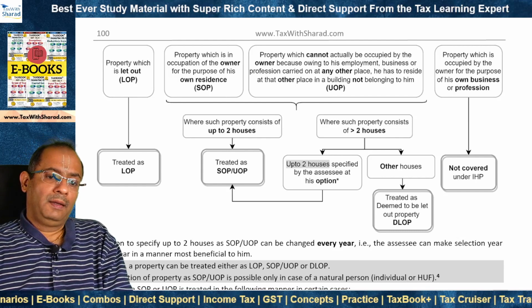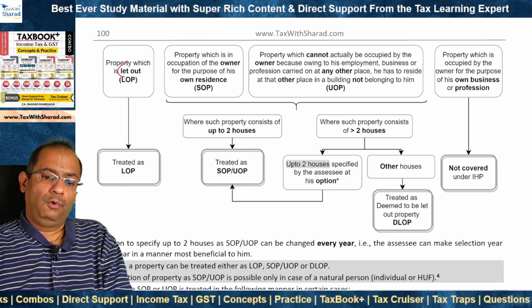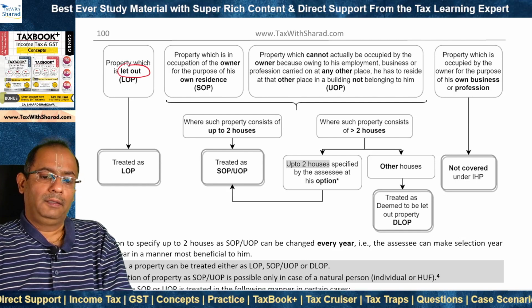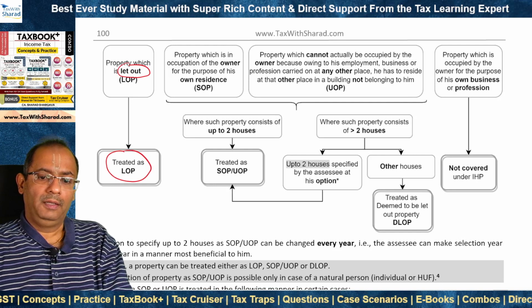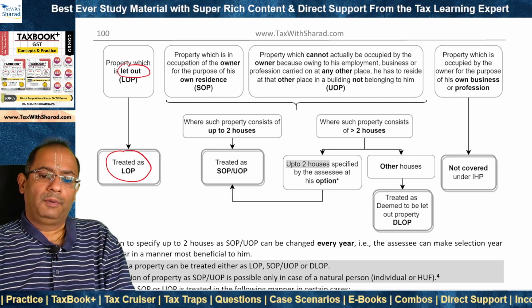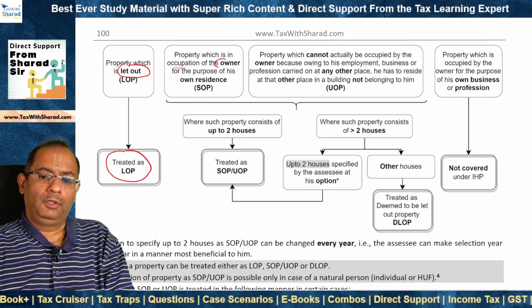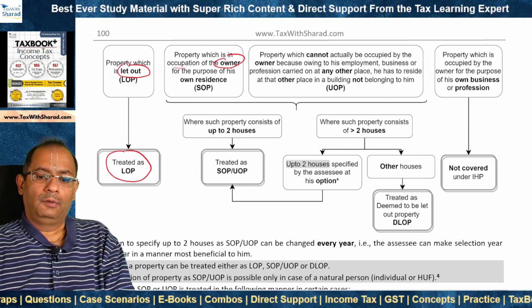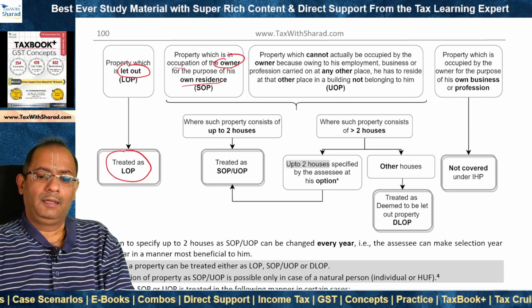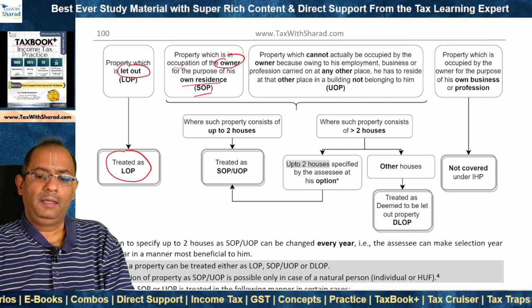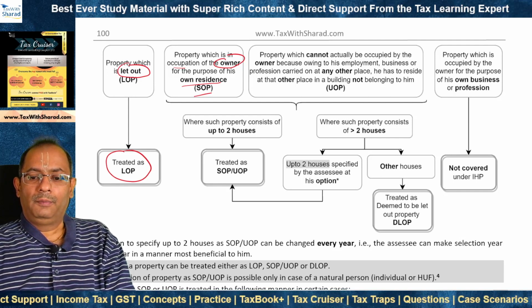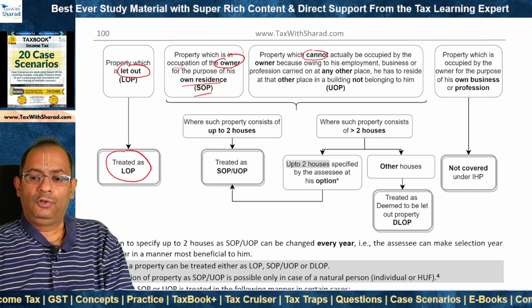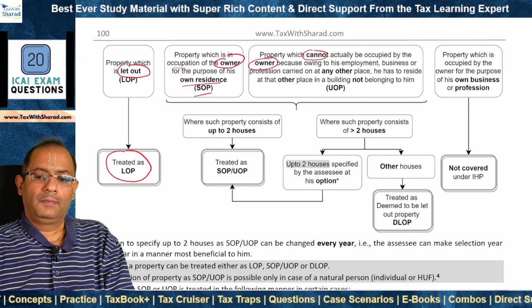So let's see. If the property is let out, then the tax treatment is that of an LOP or a let out property. Where the property is in the occupation of the owner for purposes of his own residence, then it is treated as SOP or self-occupied property. Now there could also be a property which cannot actually be occupied by the owner. Why?